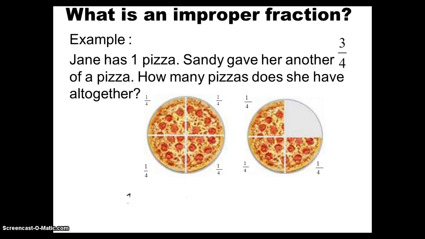If you look at it closely, one whole is actually 4/4. And here we have another 3/4. So all in all, we have 7/4. So this is an improper fraction.